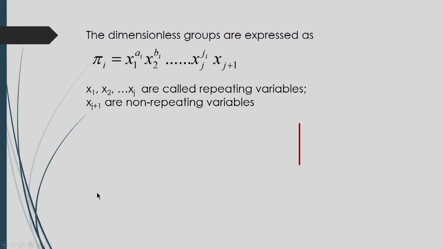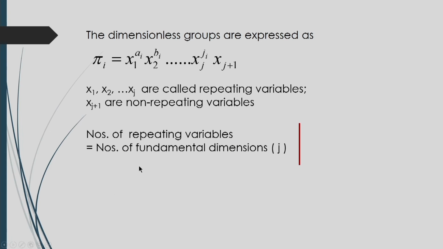Okay, we will see here number of repeating variables is equal to number of fundamental dimensions. You have to consider that repeating variables will be the number of fundamental dimensions, that will be 3. So, here x1, x2 and dot dot xj, these are called repeating variables, this should be only 3, whereas xj plus 1 will be the remaining other variables there, and generally j will be equal to 3 here.